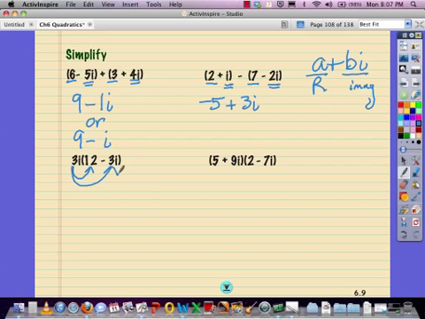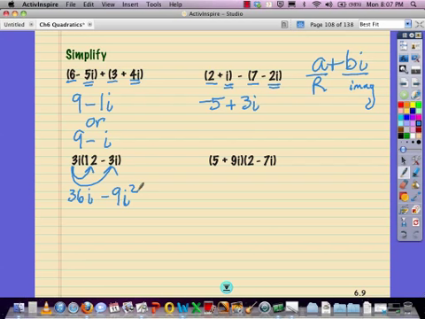So with me, ready? 3i times 12 is 36i. Think of that i right now just like you would any other variable. 3i times a negative 3i is negative 9i squared. Now let's simplify what we can. Again, we want to end up with a plus bi form. So 36i, not much we can do with that.